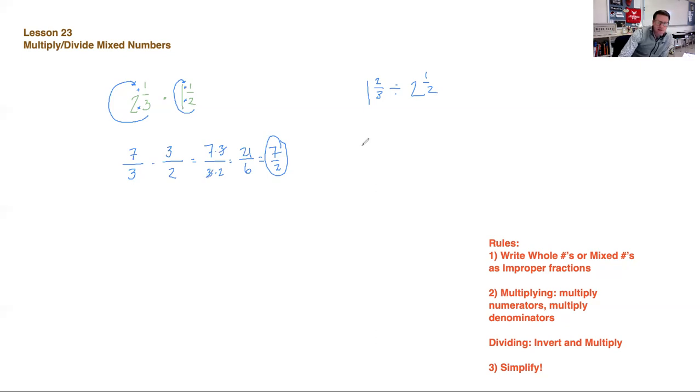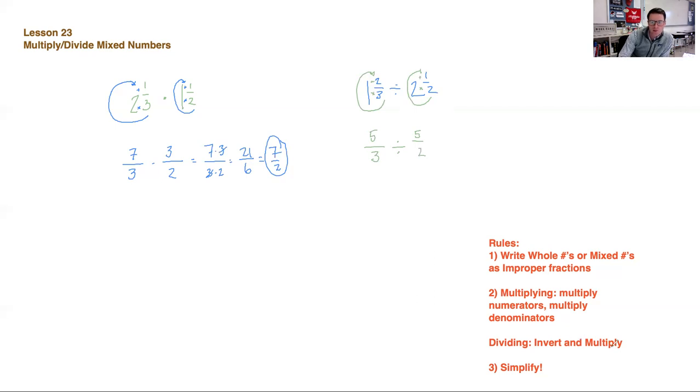All right, the dividing problem. Let's go to the green. Keep it inverse. So again, make them improper. So 3 times 1 plus 2 is going to get me 5 over 3 divided by 5 over 2.